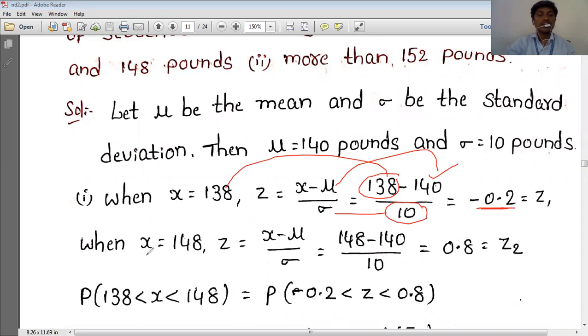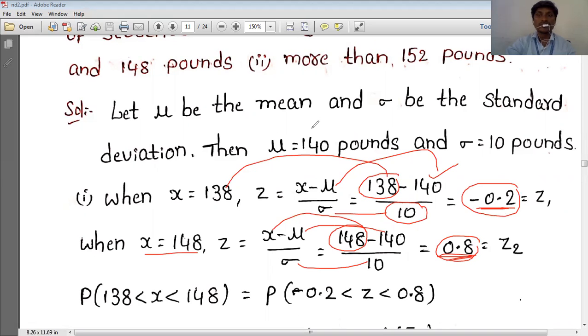Next, when x is equal to 148, in place of x we substitute 148, with mu equal to 140 and sigma equal to 10. Then we got z is equal to 0.8. Here also, as in the previous problem, one is negative and another is positive.